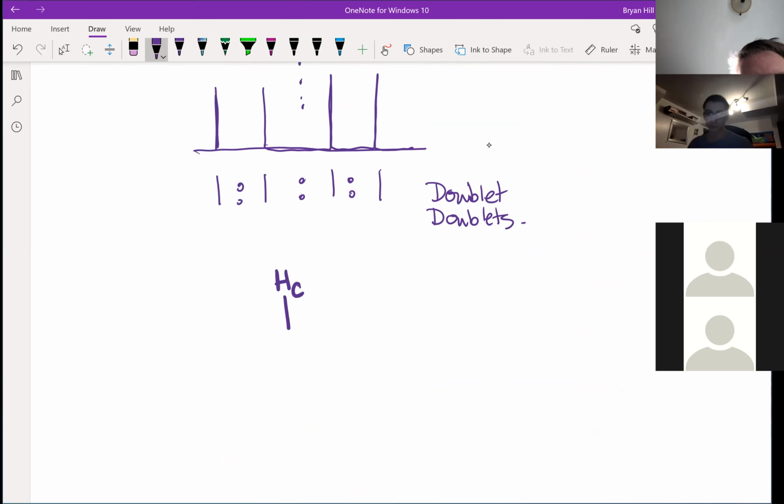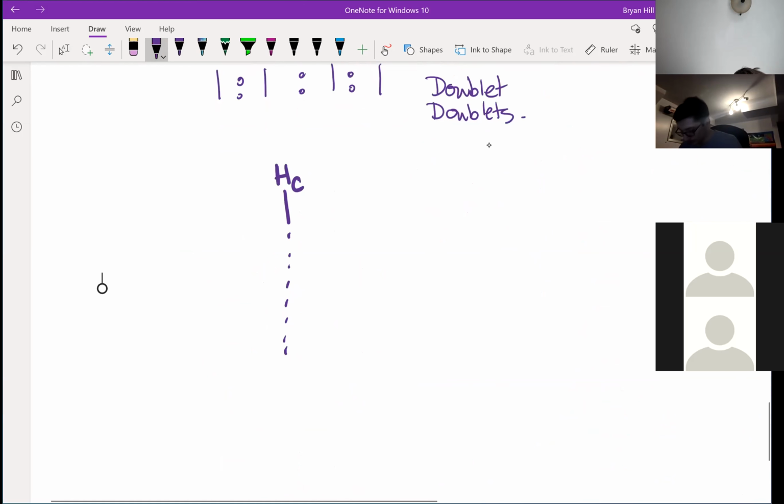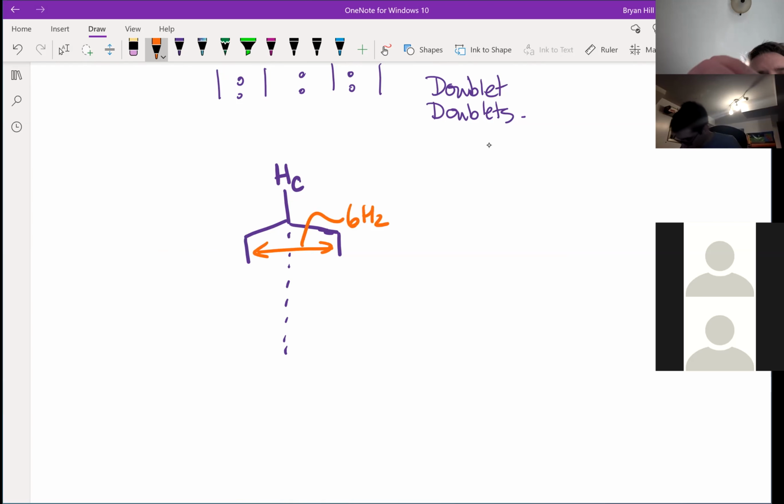So it would normally resonate around here, and it would have a large, well, quasi-large coupling of around 6 hertz. Maybe I made that a bit too big. 6 hertz. So that would be the 3J HCHB pre-bond coupling.